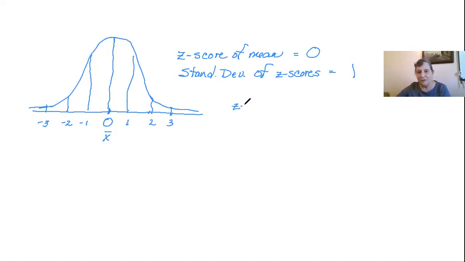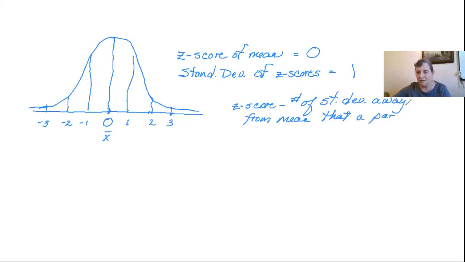Basically, the Z-score is the number of standard deviations away from the mean that a particular value stands.